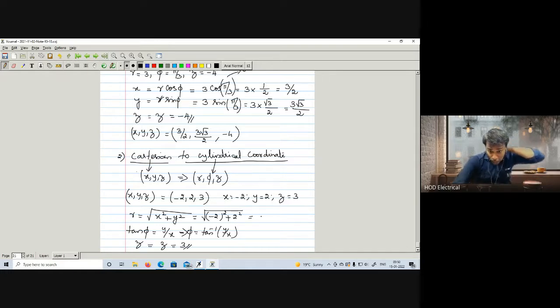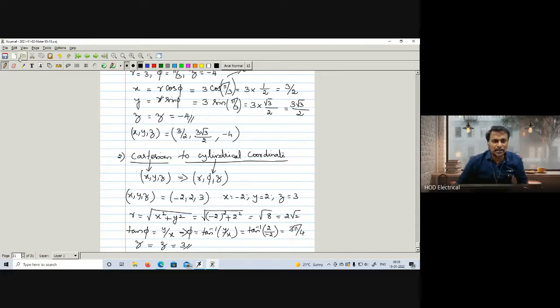4 plus 4, root 8. We can write 2 root 2. Then phi is equal to tan inverse of y over x. Already we know y is 2 and x is minus 2. Tan inverse of minus 1 we can write as 3 pi by 4.